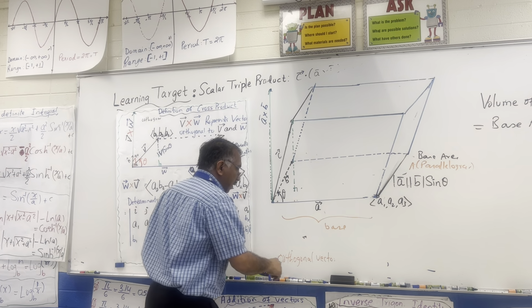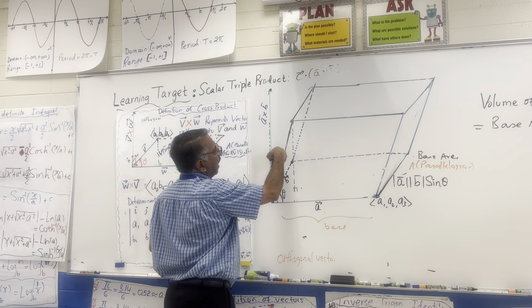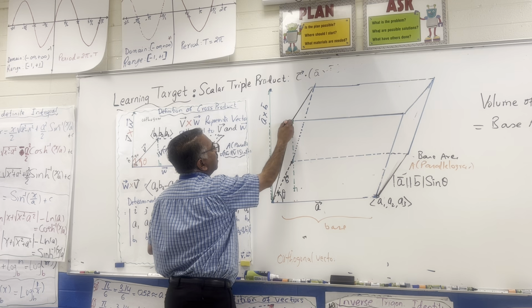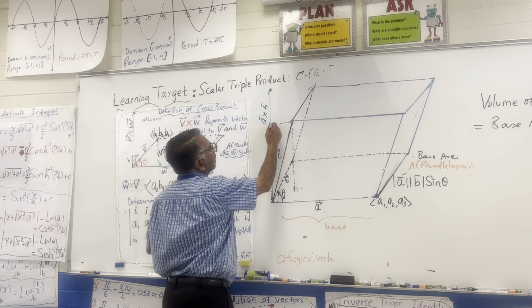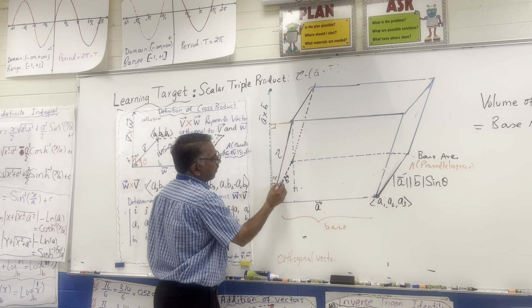What I'm going to do is draw a perpendicular. So if this black one is C bar, the vector, from here you draw a perpendicular right here. You get a right triangle. And there's an angle getting formed, call it alpha.